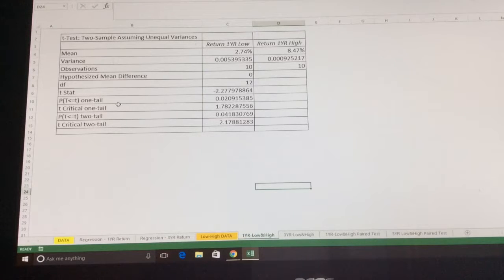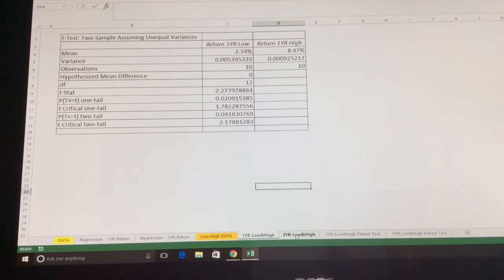Looking at the one-tail p-value, 0.02 is below. And the p-value of a two-tail, 0.04. So we see some significance here.